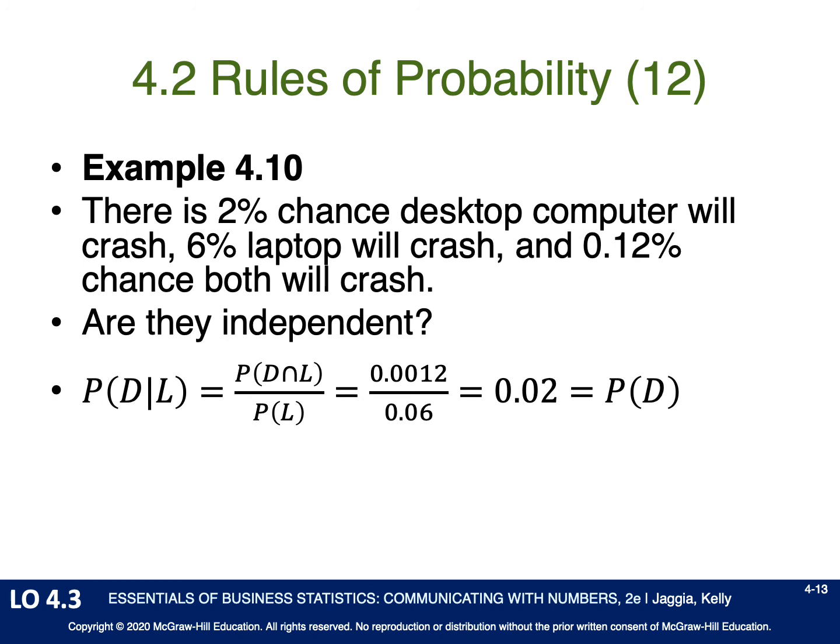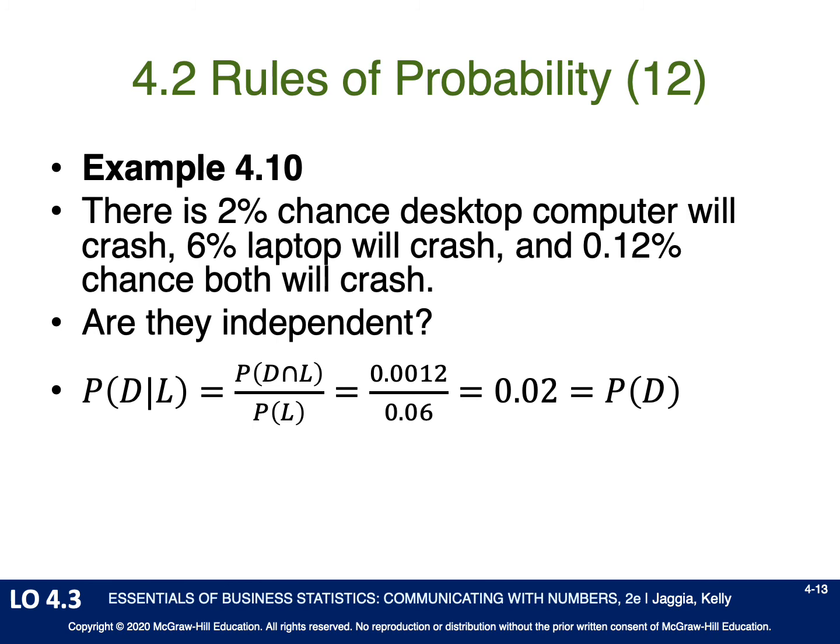So if we say the probability of the desktop crashing is D and the probability of the laptop crashing is L, then the probability of D given L is the probability of the intersection, or both the desktop and the laptop crashing, divided by the probability of the laptop, which gives us 0.02.